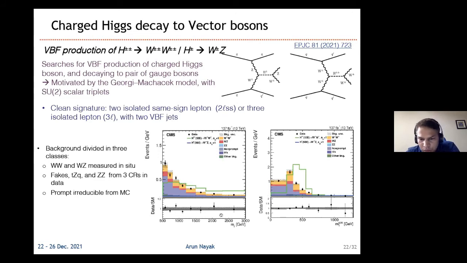Here it shows the dijet mass, sorry, not dilepton, dijet mass, from 500 GeV to 3 TeV.